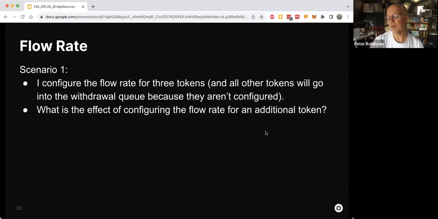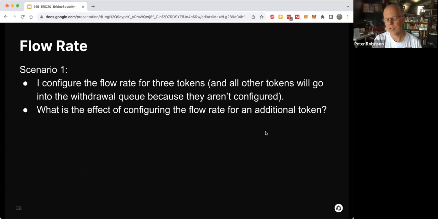So you're right. You had 3 that were configured that could flow through without hitting the withdrawal queue, assuming they didn't go over their flow rate. And that other token that's been added, any withdrawal of that token would have hit the withdrawal queue because it was unconfigured. However, say you've got the equivalent of $1 million an hour for those 3 tokens, and you've worked it out and set it up to be $1 million an hour.